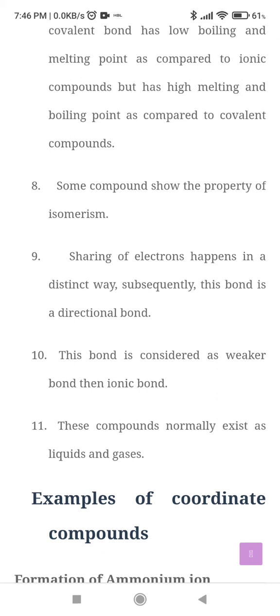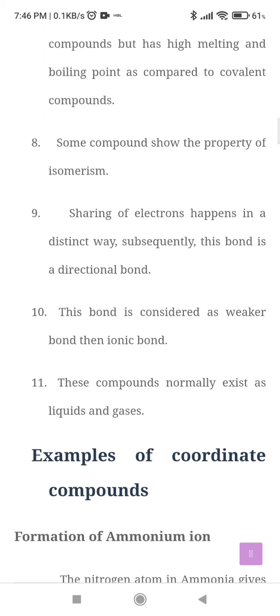This bond is considered a weaker bond than the ionic bond. As I already discussed above, the melting and boiling point of coordinate covalent compounds is less as compared to ionic compounds, so we can say that this bond is weaker than the ionic bond.